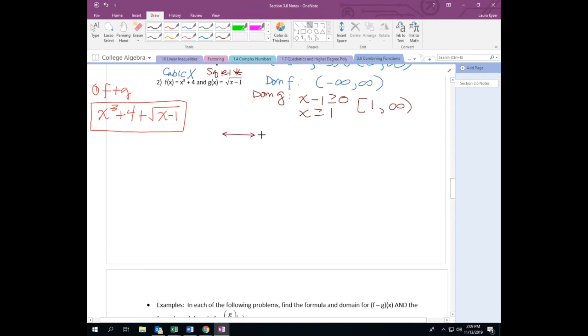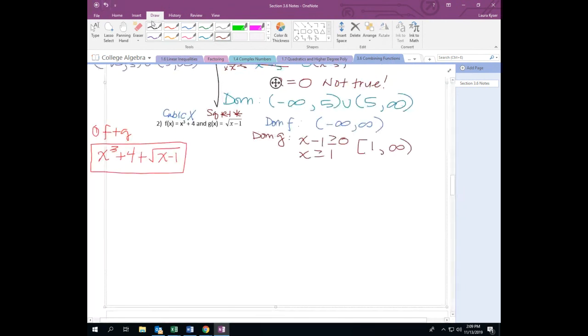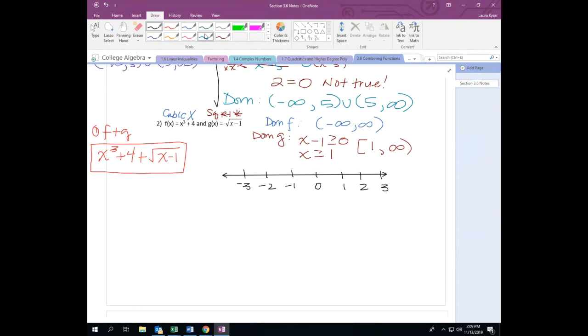Now, if I want to put them together on the number line to take a look, I'm going to create myself a number line. And I will put some stuff on here so that we can take a look at this graph. So let's say we have negative 3, negative 2, negative 1, 0, 1, 2, 3. All right. So first one is all real numbers. Domain of f is all real numbers. Domain of g is 1 to infinity square bracket.